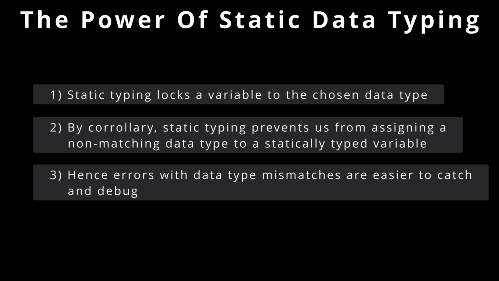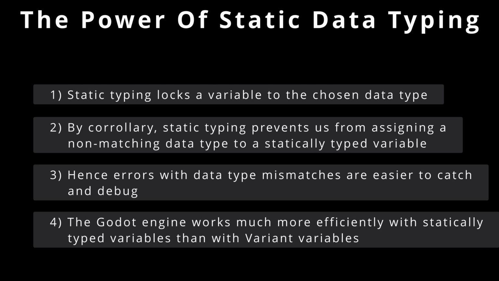In Godot, many such errors are caught by the editor, most notably within the same script. Runtime bugs due to data type mismatches are also easier to catch and fix. The Godot engine works much more efficiently with statically typed variables than with variant variables. This performance boost to operations with variables can be anywhere from 20% upwards.